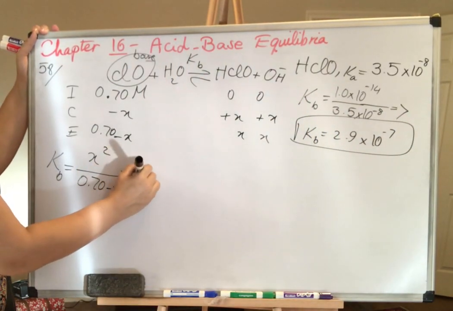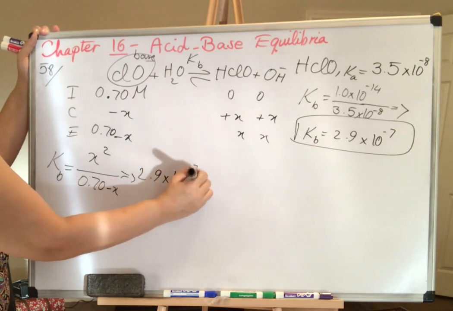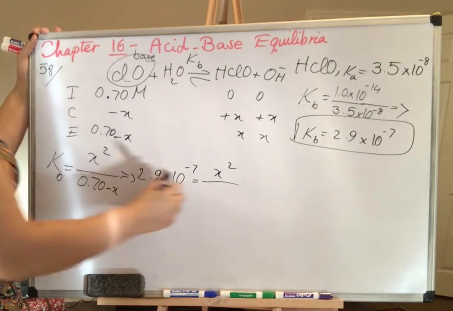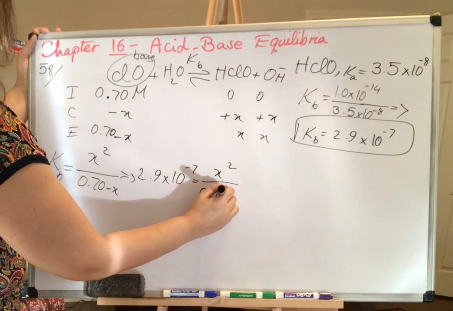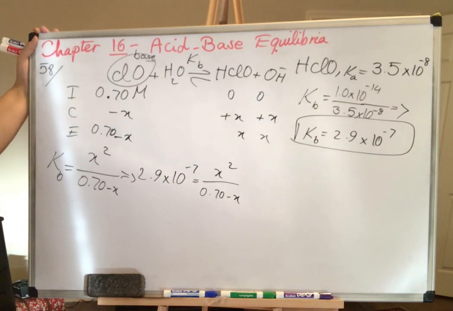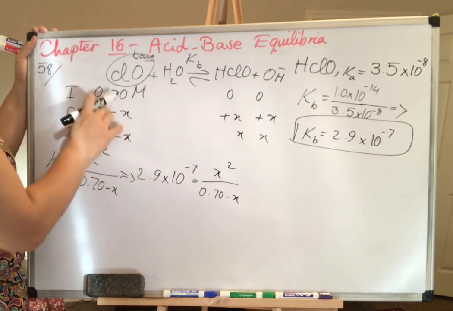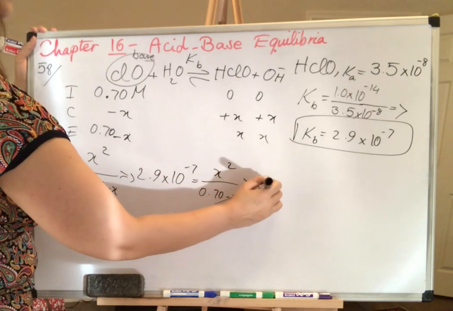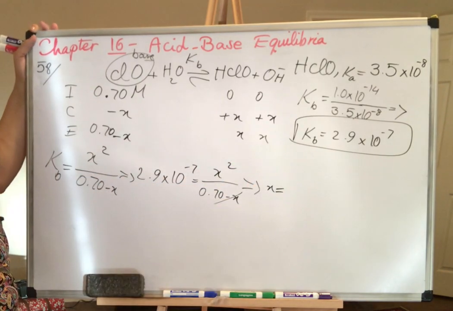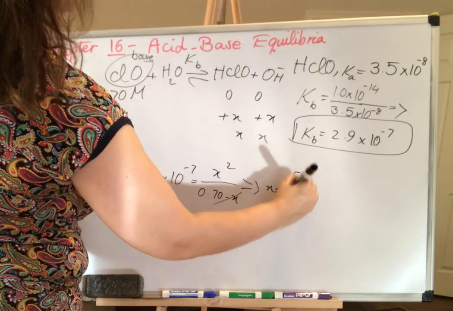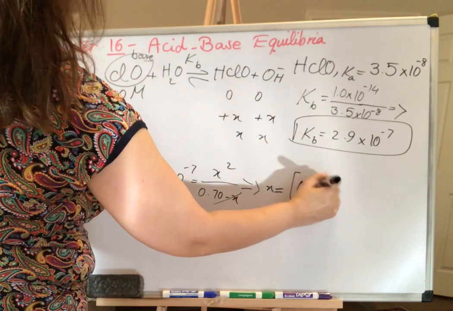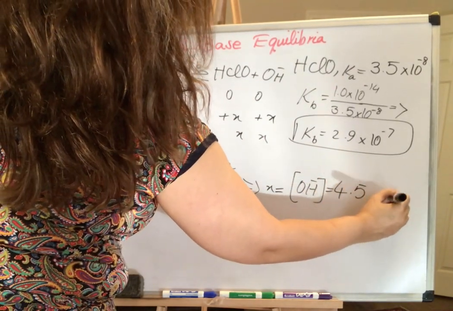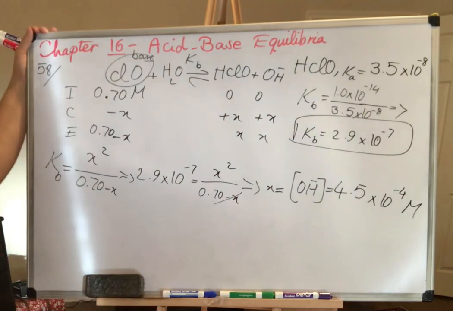So 2.9 times 10 to negative 7 equals x squared over 0.70 minus x. Then try the assumption, so you can calculate x without going through a quadratic equation. So x, which is the concentration of OH negative, is going to be 4.5 times 10 to negative 4 molar.